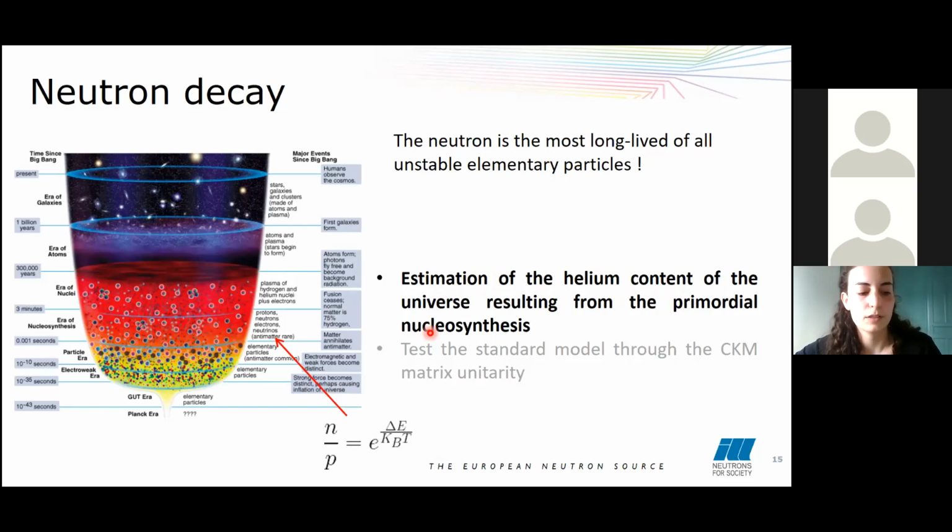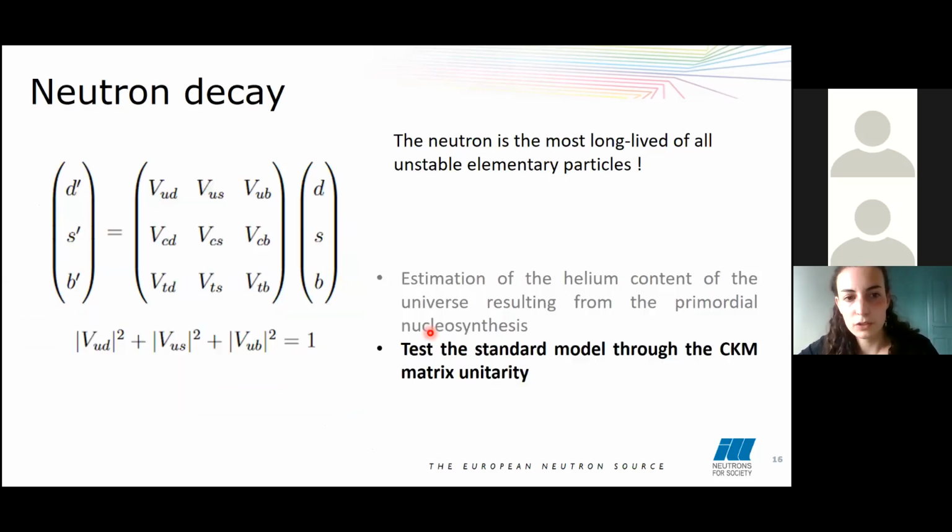For example, it predicts that at the initial stage of the universe, there were neutrons and protons converting into each other, and then at the so-called freeze-out, the expansion of the universe accelerated compared to the exchange rate between the two, and nearly all neutrons quickly ended up bound into nuclei. So the neutron lifetime can help to determine the primordial helium abundance.